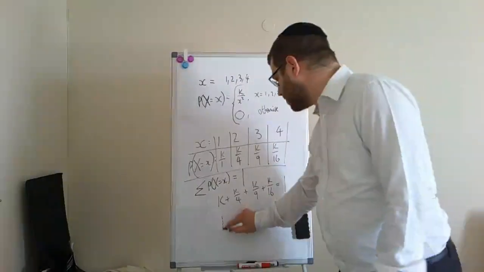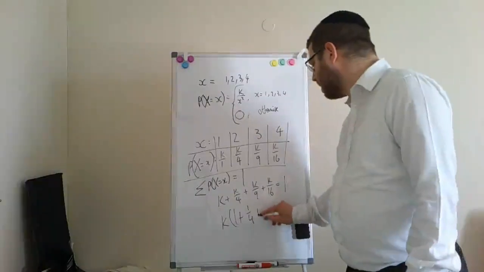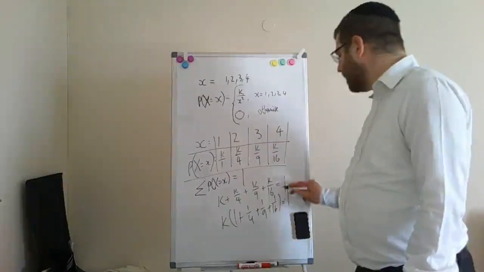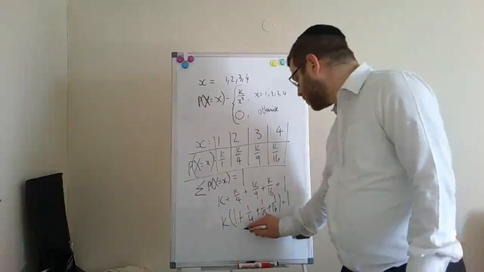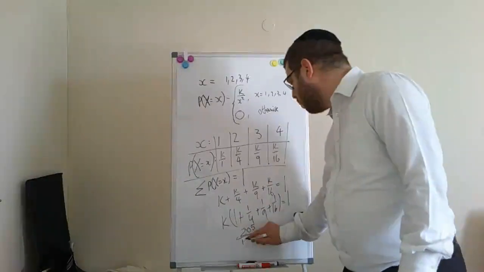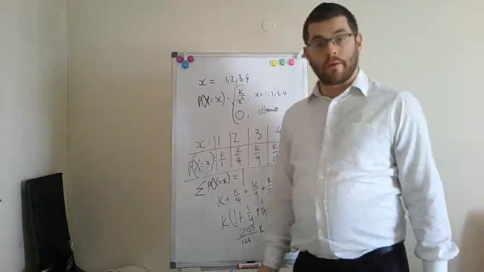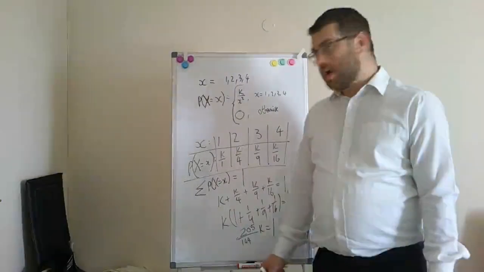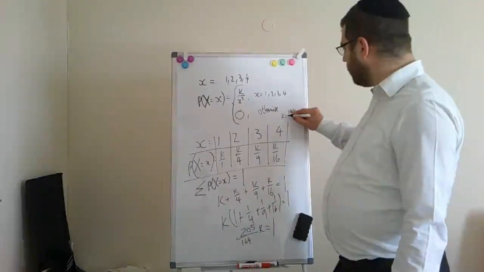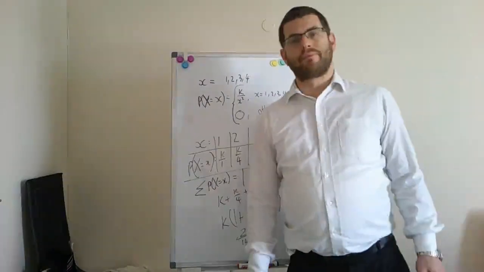I simply would take k out as a factor, because it appears in every term. 1 plus a quarter plus a ninth plus a 16th is 205 out of 144, so 205 over 144 k equals 1. And if you sort that out, then k is 144 out of 205.